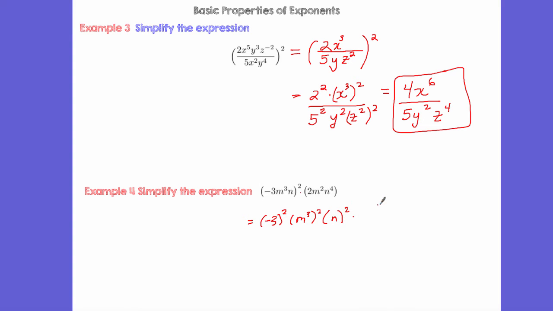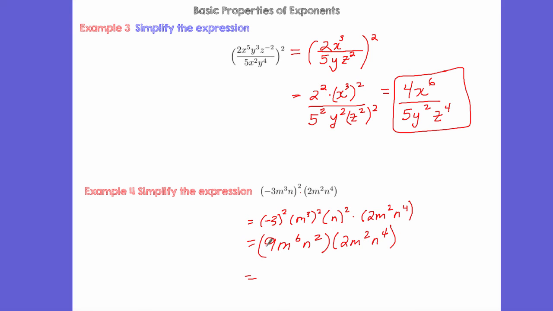Okay, and then we can just leave the multiply all that by 2m squared n to the fourth. We'll just leave that second term alone. Okay, negative 3 squared is 9. A power to a power, that's m to the sixth. N squared, all of that now is being multiplied by 2m squared n to the fourth.